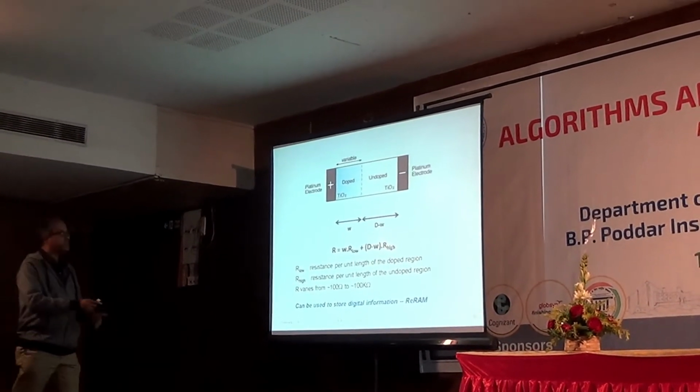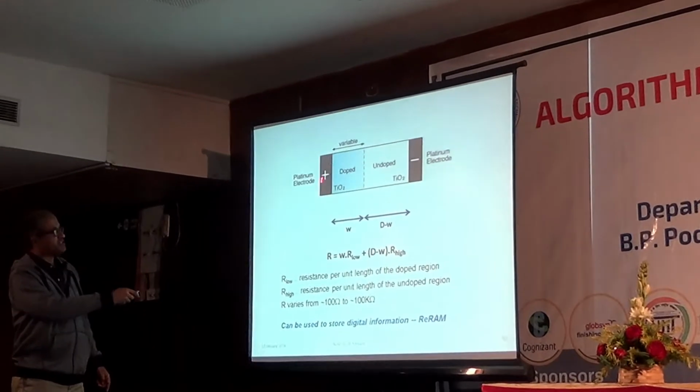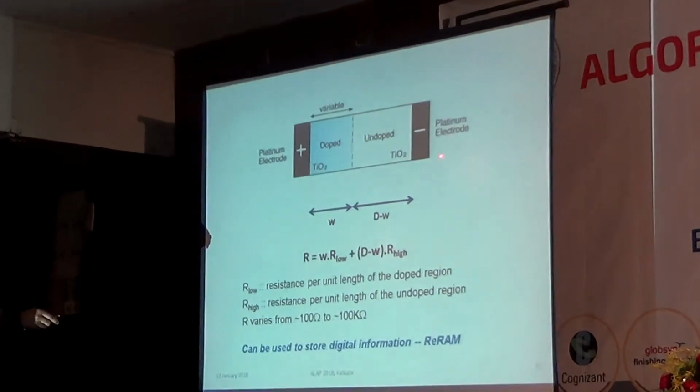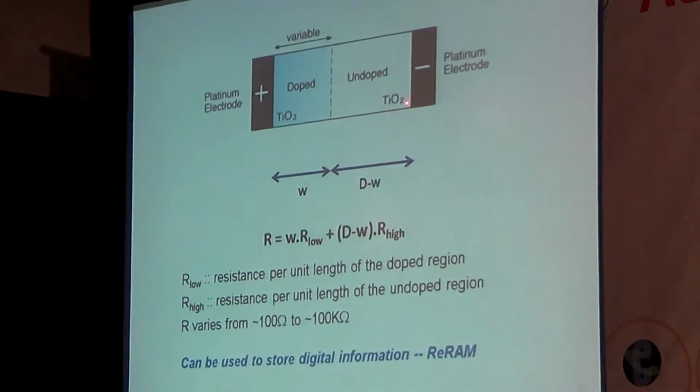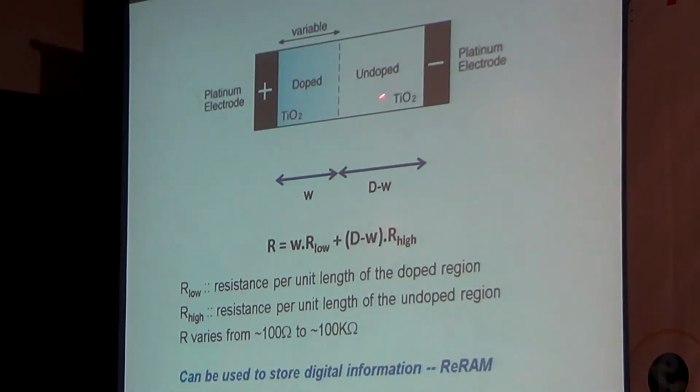Fine. So this is the overall picture I was talking about. This is the slab of the material, titanium dioxide. One side is undoped, other side is doped, and I can write down the overall resistance as this.